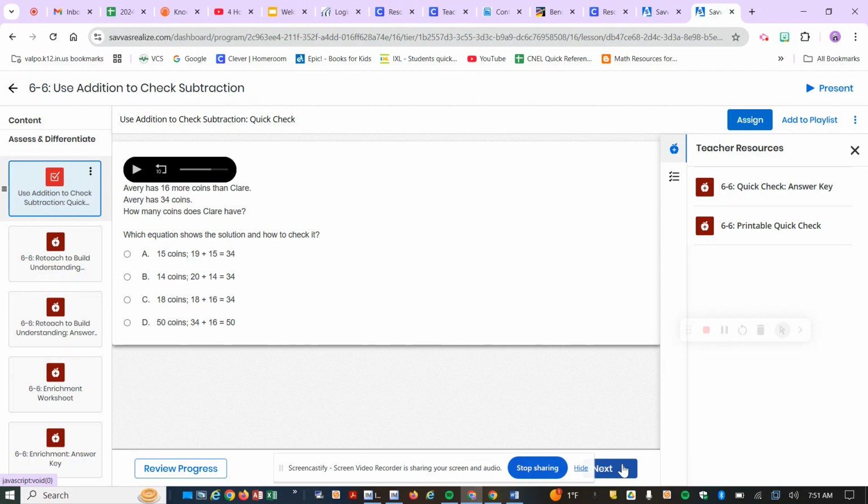So when you do the subtraction, 34 minus 16, you'll find your answer, and then it's showing you which equation you could use to check it. So it's showing you the answer plus the addition fact that you could use to check it. Use your whiteboard, set it up, and say 34 minus 16, find the answer, and then which fact will help you check that thinking. Take your time, use your tools. I know you can do it.